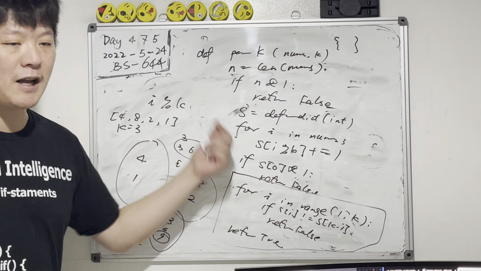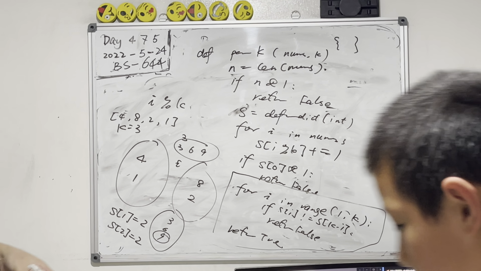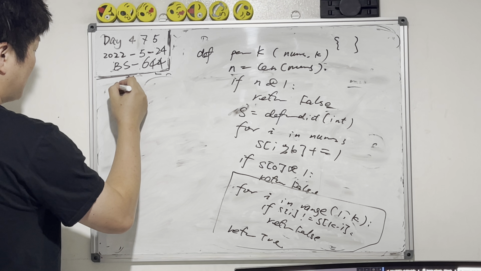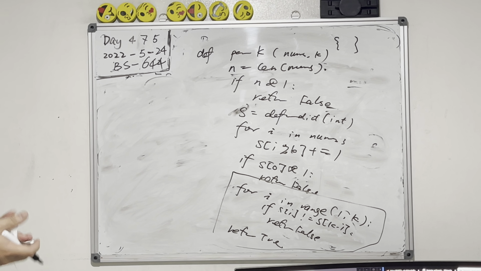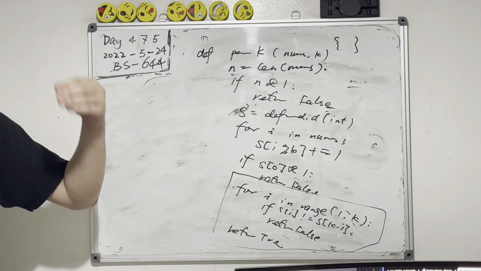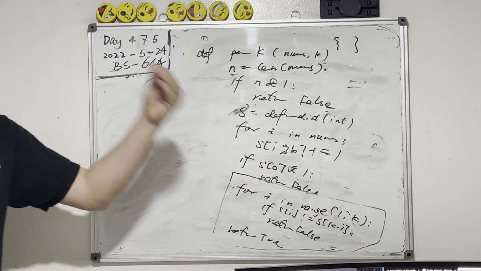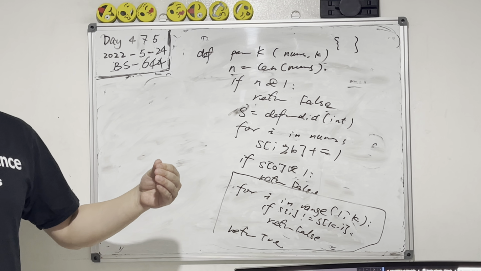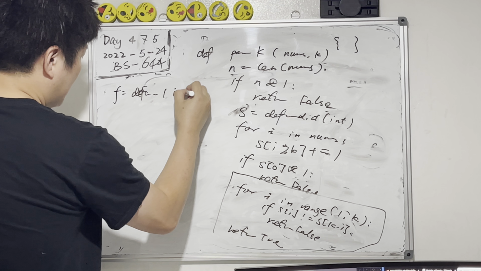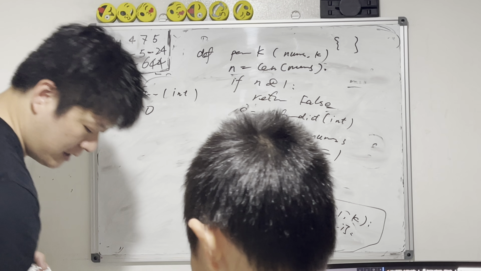We go through the numbers once, right? We can use another way to write it, quite simple. The idea is that when we find the numbers, we can just increment the counter, and if we don't find this number in a pair, we just decrement it. f equals defaultdict int, and c equals 0.